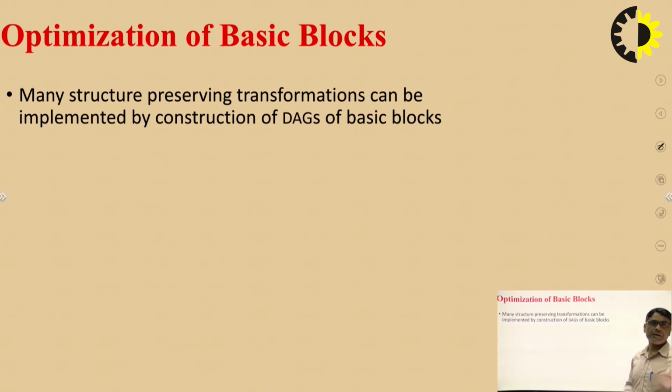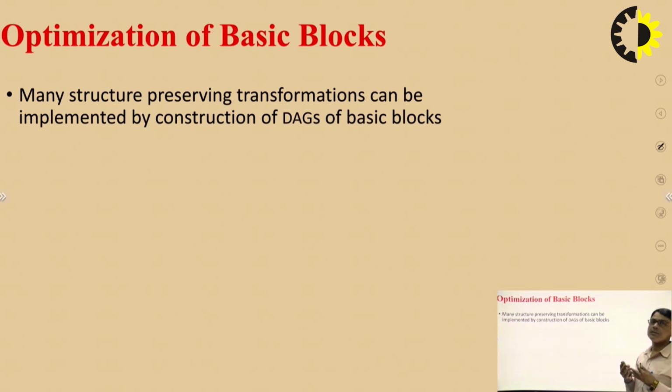After that, we have to optimize all the blocks by applying code optimization techniques. Structure-preserving transformations can be implemented by the construction of DAGs of basic blocks. A directed acyclic graph is one kind of structure through which we can optimize the basic block.